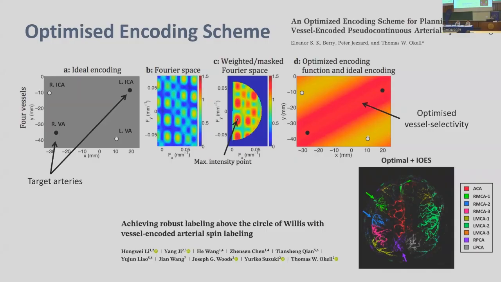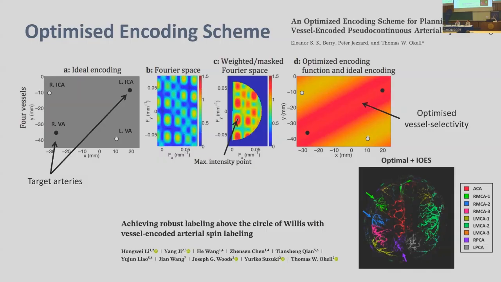So the operators define the target artery. Operators define the location of the target arteries, shown as black dots, and also non-target arteries, shown as white dots.